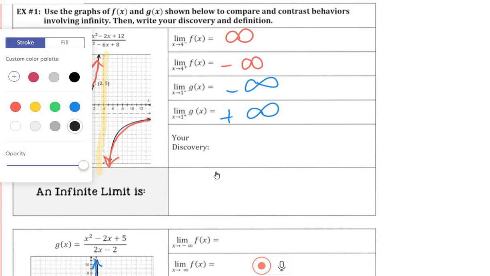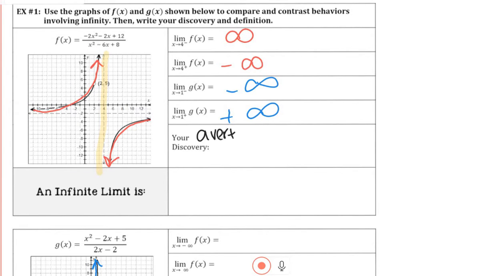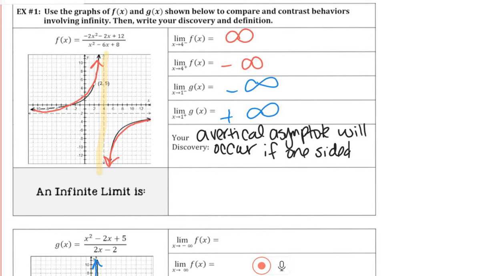So what we can conclude, relating that to limits, is that a vertical asymptote will occur if one-sided limit or limits are unbounded. And remember that unbounded is just a very mathematical way of saying that it's going to approach infinity.